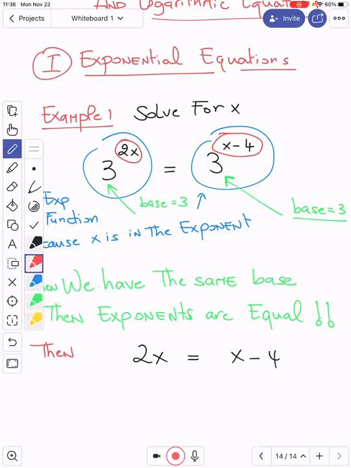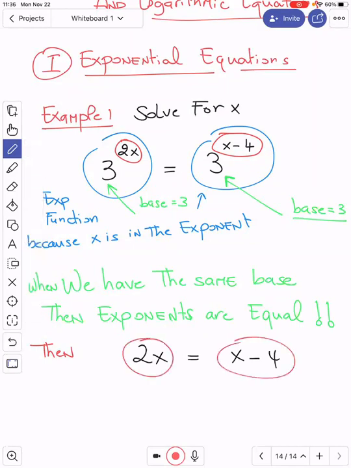The exponents are equal. And now, because I got rid of the exponential, it's just a linear equation, right? So this is 2x equal to x minus 4. You can, for example, subtract x from both sides.